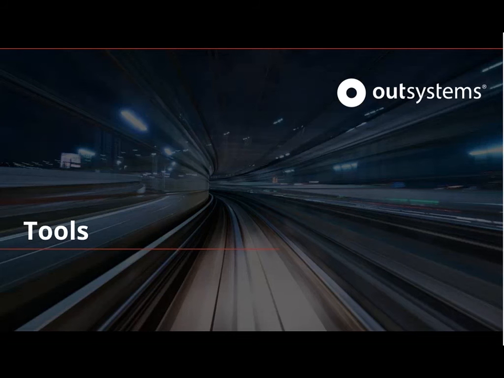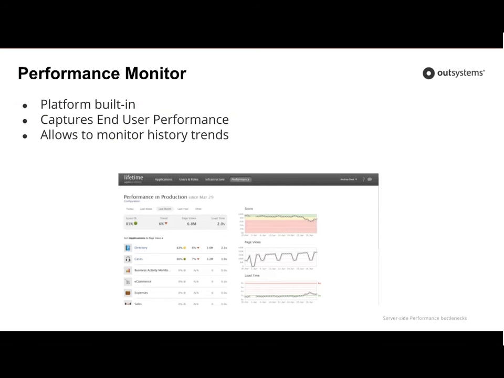What kind of tools do we have to actually go through the information that we just described? Well, first of all, we have the Performance Monitor. Performance Monitor is a tool that is accessed through LifeTime, and this is built in. It comes with the platform. It captures the end user performance from the moment that the user requests until the moment that the user actually has the information available to use through the browser.